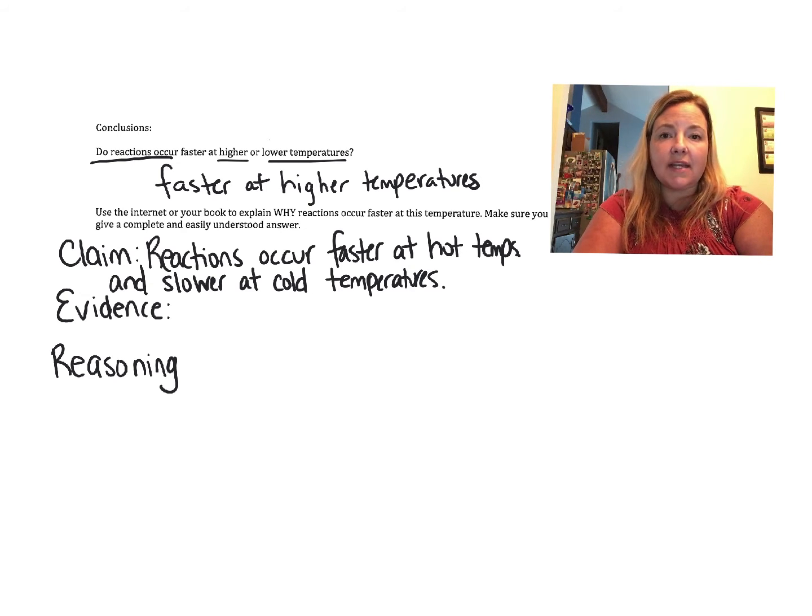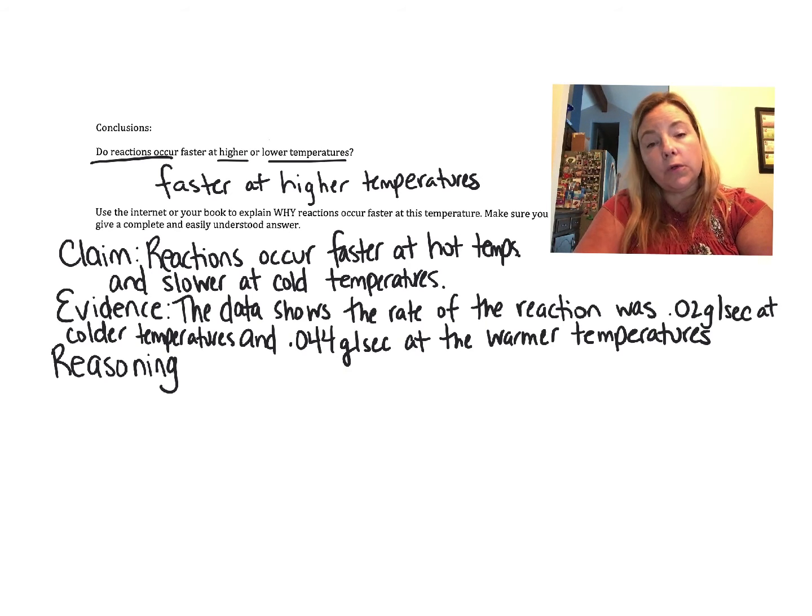For our evidence, we use our data: the rate of the reaction was faster at 0.04 grams per second when warmer, versus only 0.02 grams per second at a colder temperature.